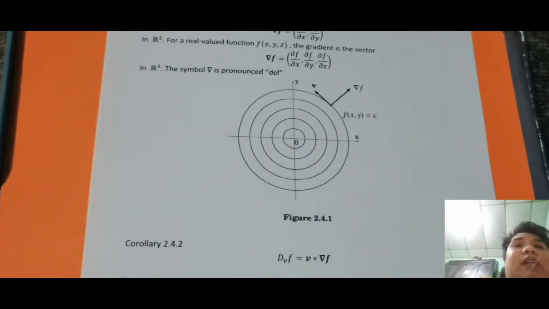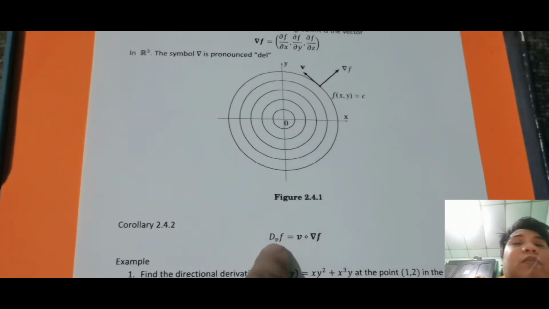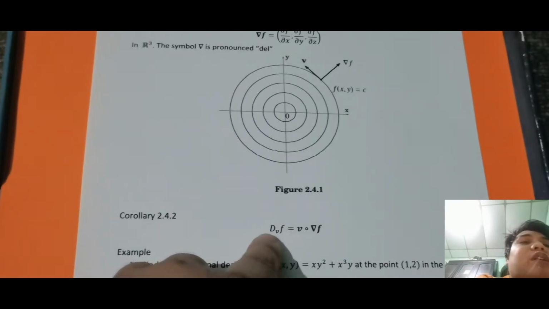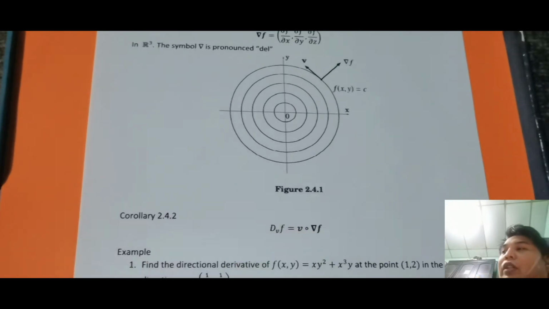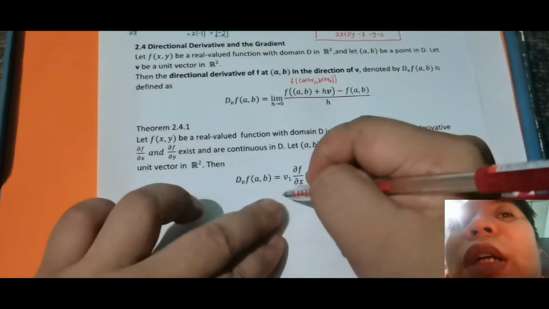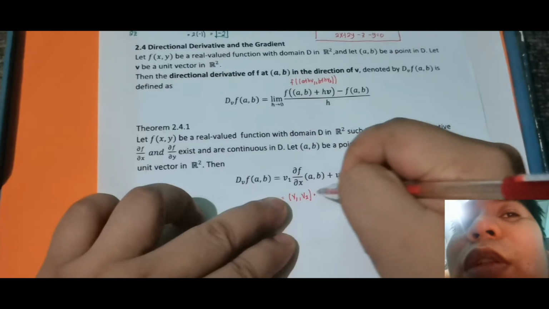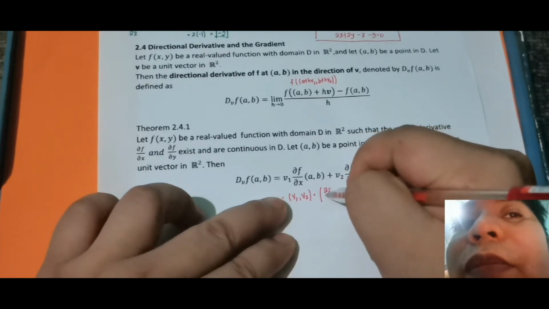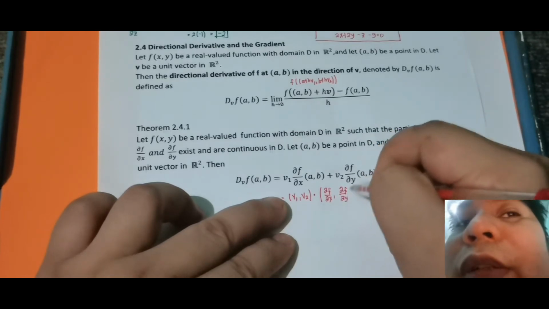Then, we have this corollary. This is a shorter way to solve it, derived from our equation. The directional derivative of f at a, b is just equal to the vector b dot product the gradient of f, which is right. If you notice, it comes from there. So separating that, this is just b sub 1, comma b sub 2, multiplied by partial of f with respect to x, comma, partial of f with respect to y.